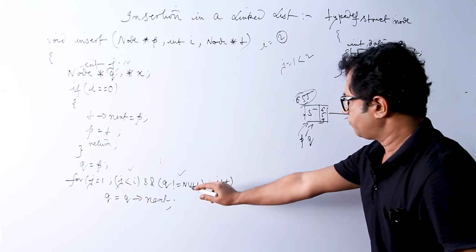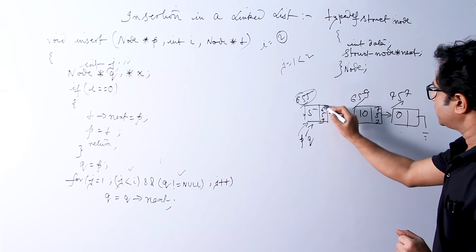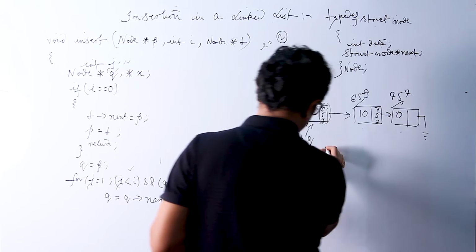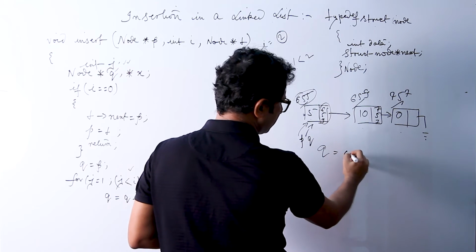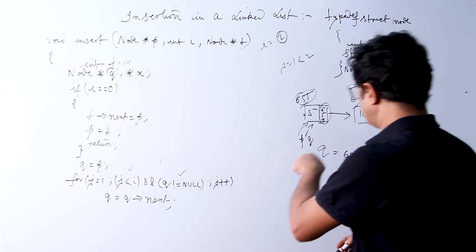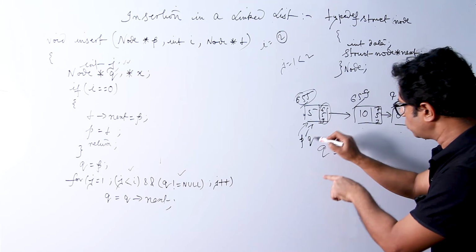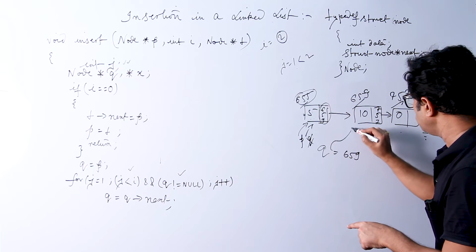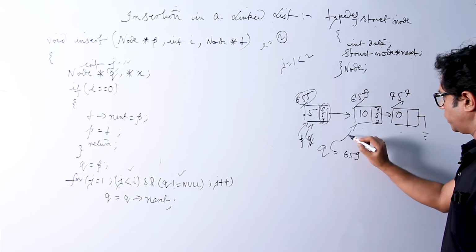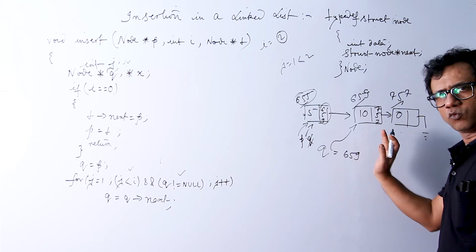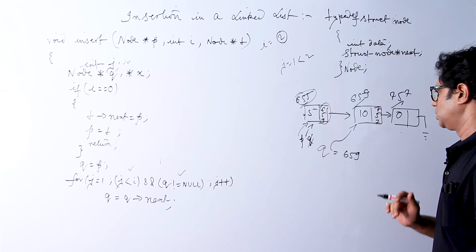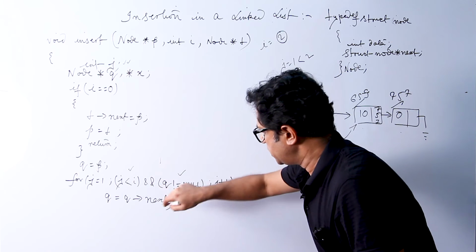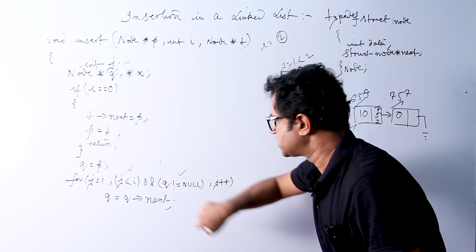So what is the value of Q next? Q next contains this value 659. So now Q will become 659, which means Q will not be pointing to this location but will be pointing to this location. So Q will now be shifted forward by one position.